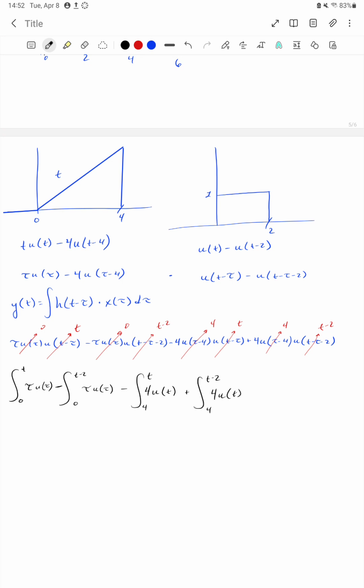So now we've got our 4 integrals, and all of this is equal to your y of t. The only tricky part now is you have to deal with this, which isn't really too bad. I told you to treat this like a 1 when you're trying to do the integration.